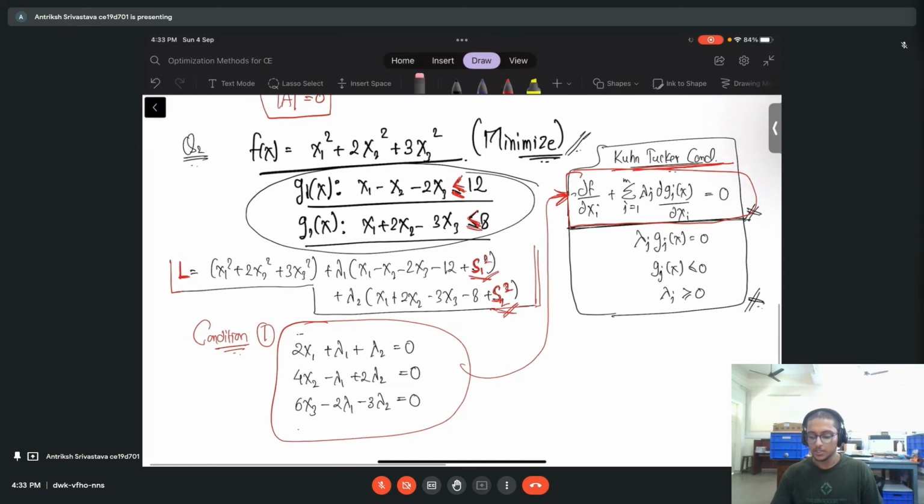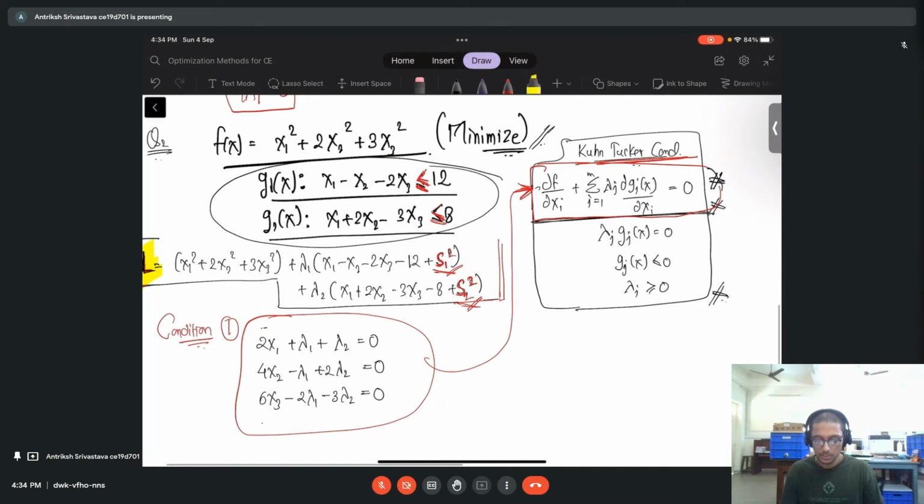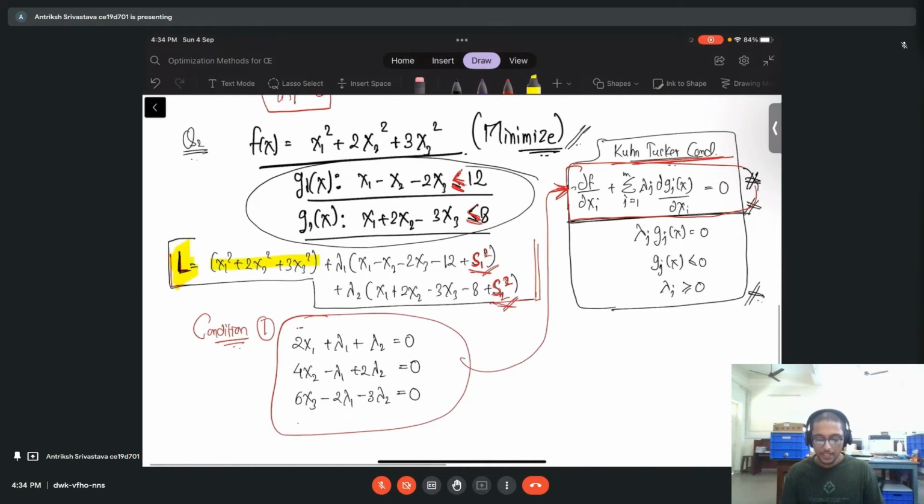How this comes in the optimization condition, when you see the video, I think it will be much clearer. That is, we make the Lagrange function. What I wrote here is our Lagrange function, which is the summation of the function, that is this term, and the constraints after removing their inequality sign. Now clear? Okay.